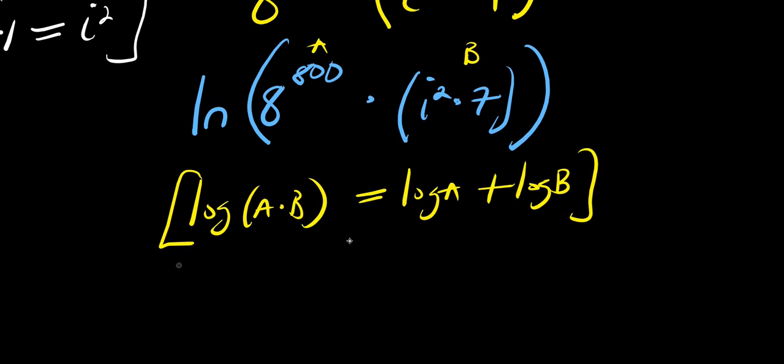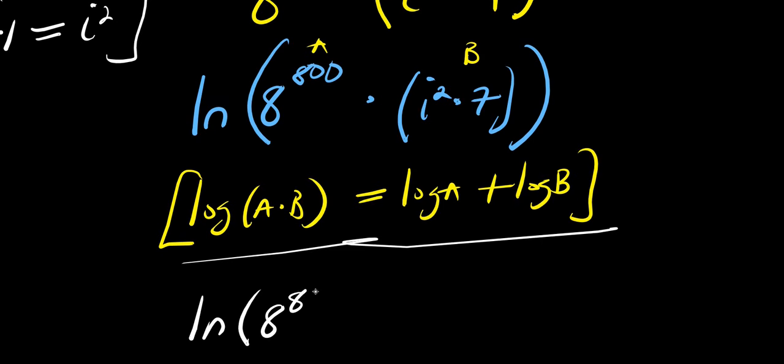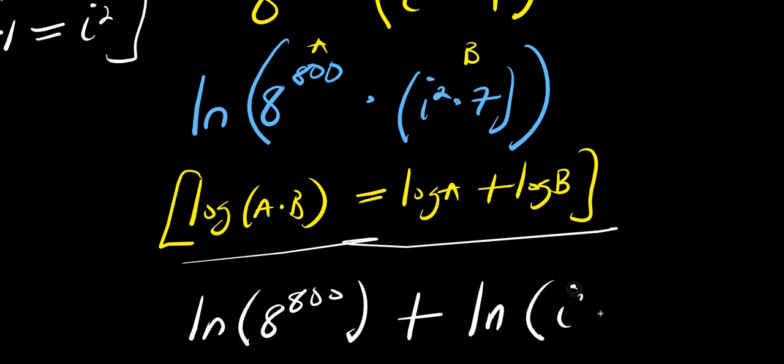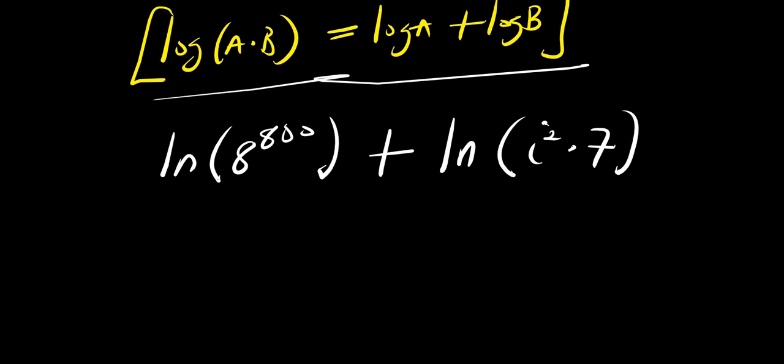Now apply this property here in natural log. I have natural log of 8 power 800. That is my a. So I have plus natural log of i power 2 times 7. That is my b. Now, what we can do is, if you have log of a power b, this equals b times log a.